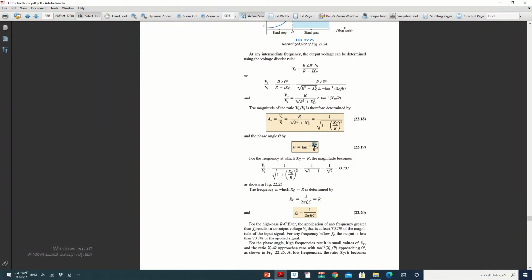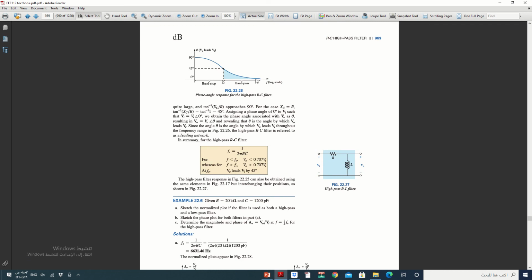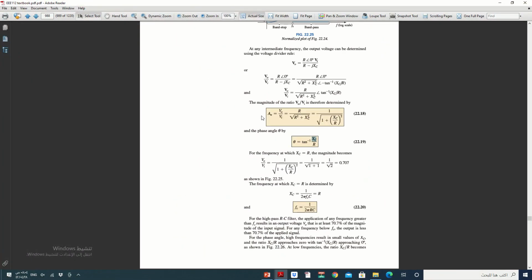This means tan inverse of almost 0 equals 0. You can see here, at high frequency, you will get 0. And what about if we have 0 frequency? You will get a high value of XC. If we have a high value of XC, tan inverse of a high value, theta will be 90.